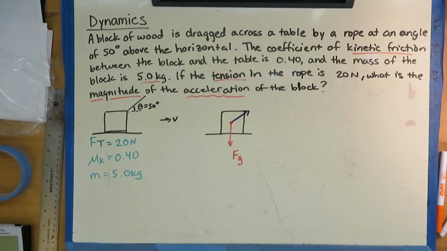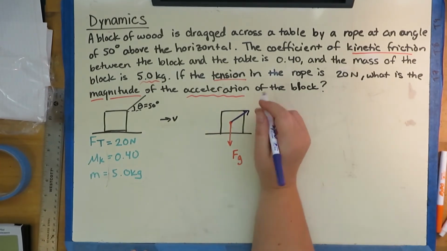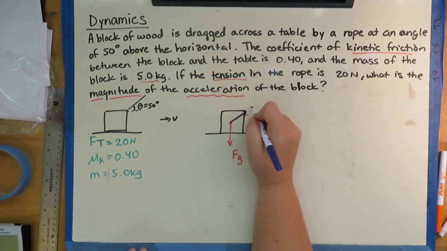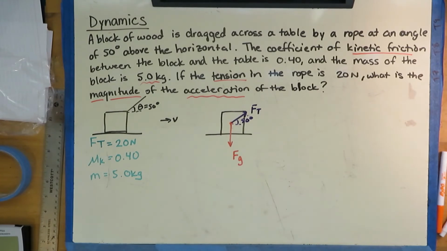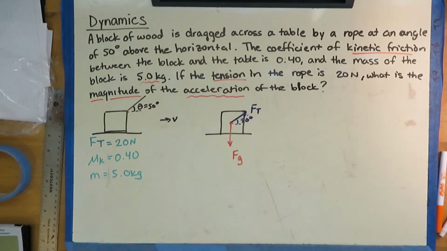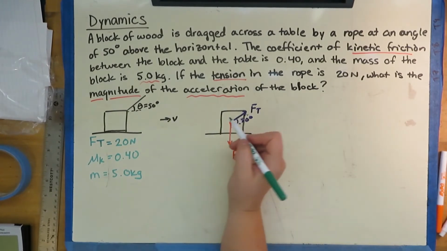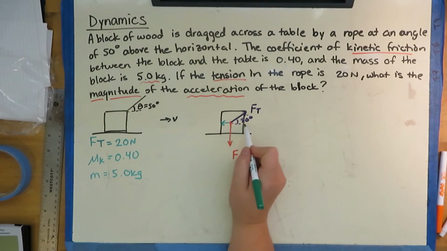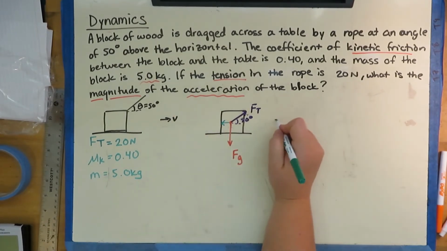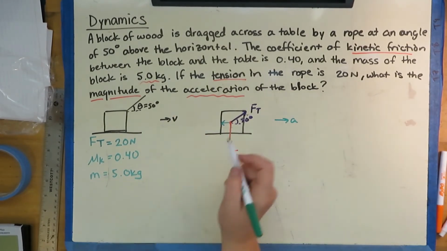So we have a force of tension, maybe a little smaller, going there, with an angle of 50 degrees. And then I am going to have a friction force. It's a kinetic friction force, and I'm going to have an acceleration. I know my friction force is present, but it needs to be smaller than my horizontal component of tension, because I do have an acceleration in the direction of motion.